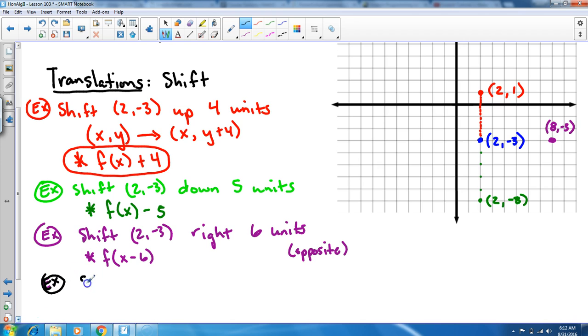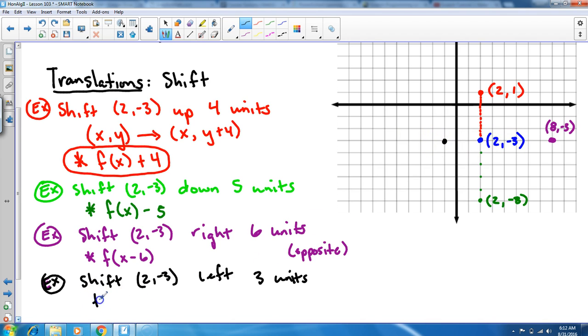Last example here is we're going to shift that point (2, -3) to the left. And let's just go 3 units to the left. Graphically, it looks like this: 1, 2, 3. Stays on that same y plane there. But the x is going to change.